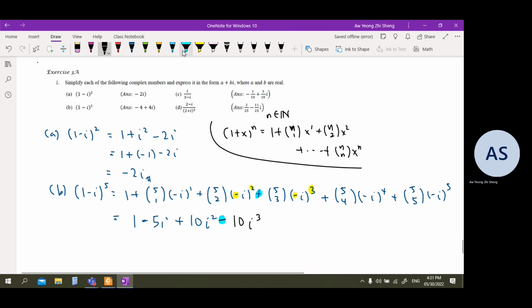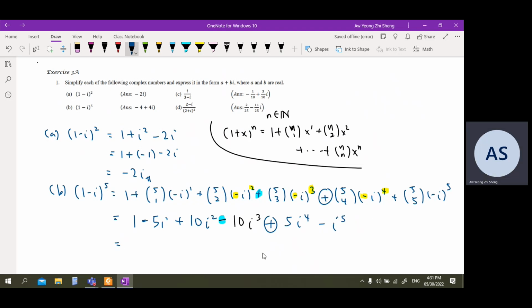Next term, negative to an even power, that negative disappears. So the plus at the front remains as plus. And 5C4 is 5 and i to the 4. 5C5 is just 1 and negative to an odd power, that gives me a negative i to the 5.